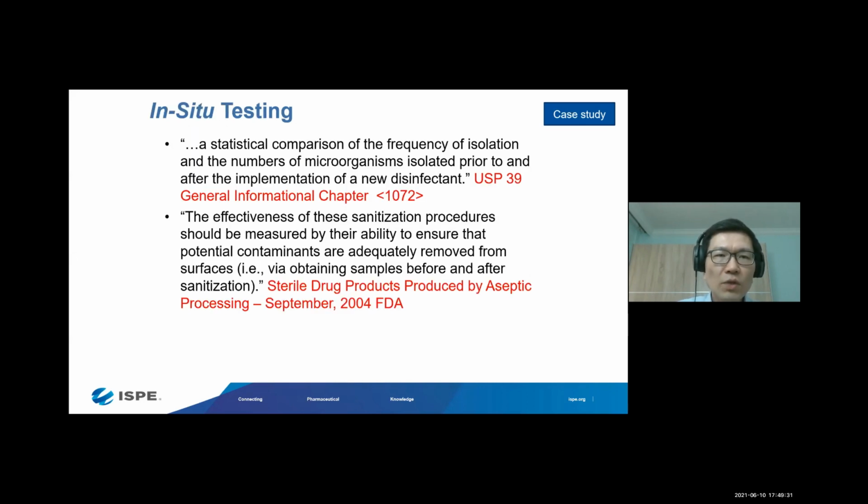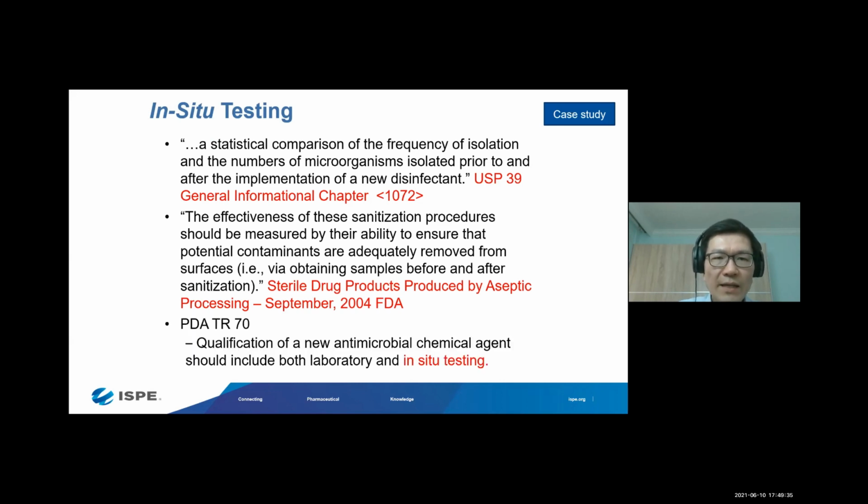So the in-situ testing, these are the guidance documents that mention it. USP 1072 mentions the comparison of the frequency of isolation and the numbers of microorganisms isolated prior to and after the implementation of a new disinfectant.